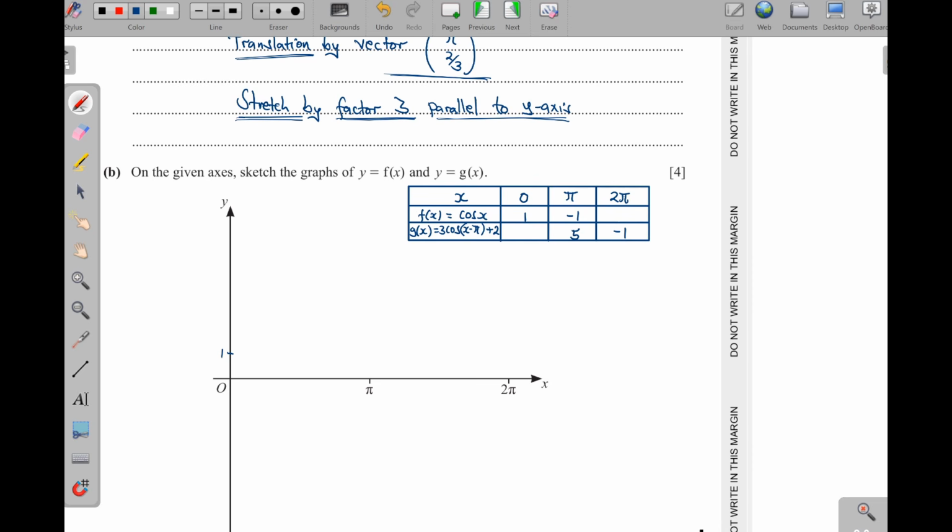So if I have 1 here, 2, 3, 4, and 5, the maximum for this one is going to be a 5, because we know that cosine, its maximum value is a 1 and its minimum value is a what? Is a negative 1. So if I put 1 here, then this will be a 5. That will be its maximum. And then its minimum, that is when this one is negative 1. So it will be that negative 1. So we have a negative 1 here.